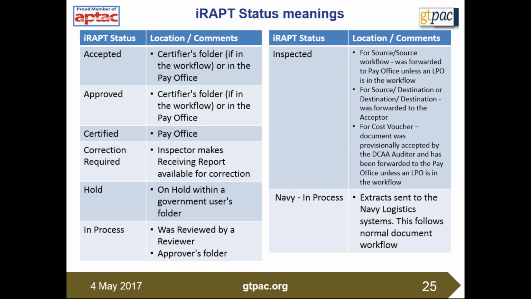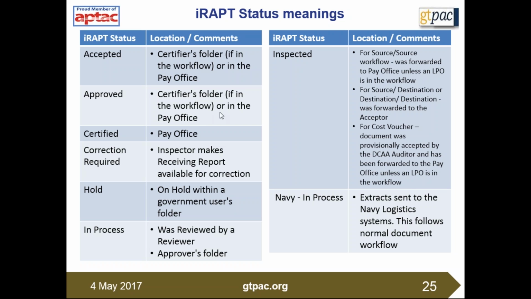The next couple of slides talk about iRAPT status things and what they mean, and are put in there for informational reasons. For example, slide 25, if the iRAPT status is accepted, the certifier's folder, if in the workflow or in the payment office.